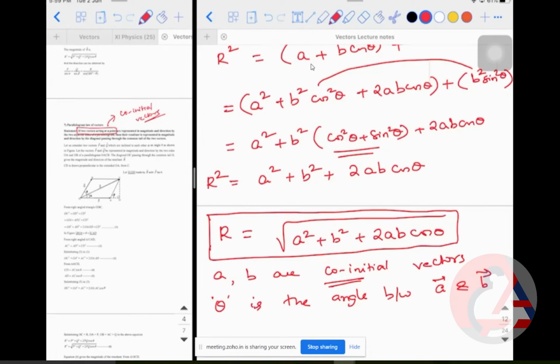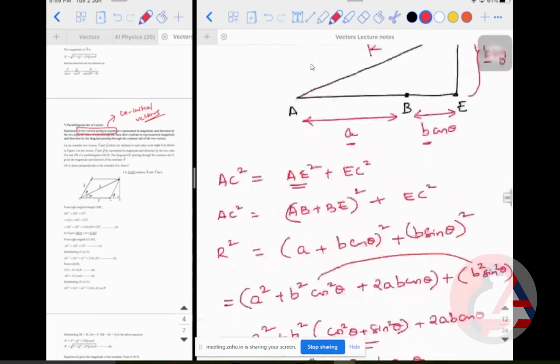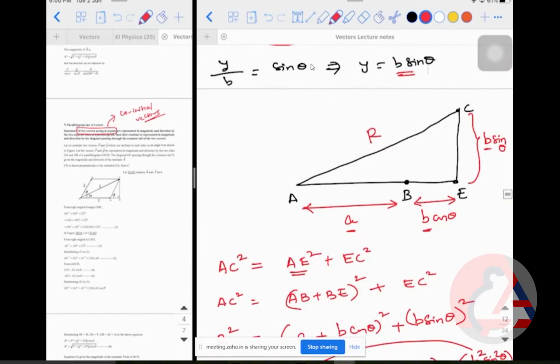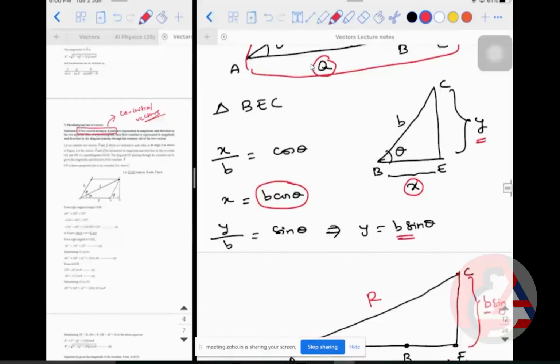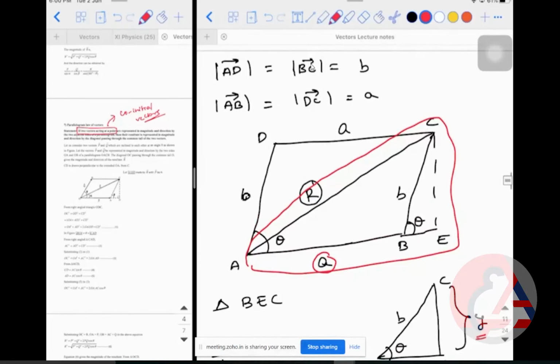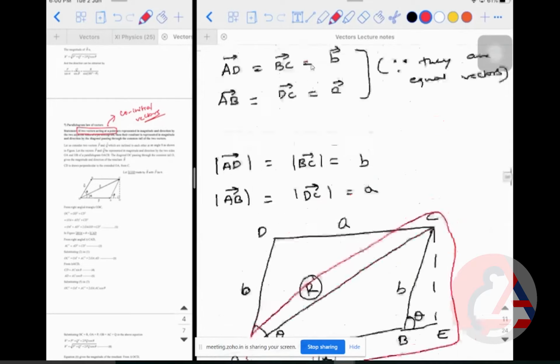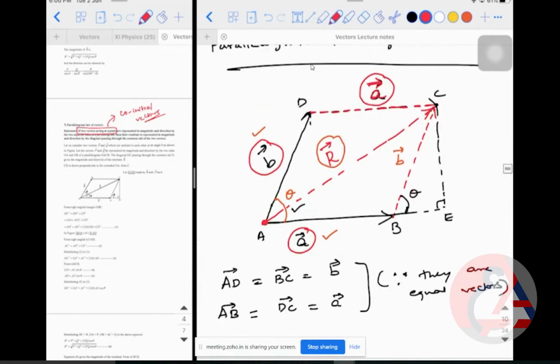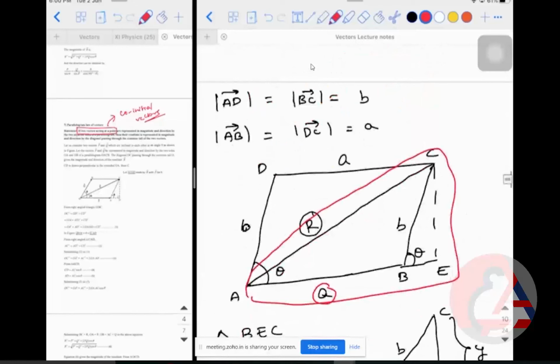Sir, can you show the diagram again? Which part? Is this the diagram you're asking, or the above one? The parallelogram, this one. Are you asking the one without arrow mark or with arrow mark? Without. So this is the one you're asking, right? Okay. So is there any doubt in the concept understanding?